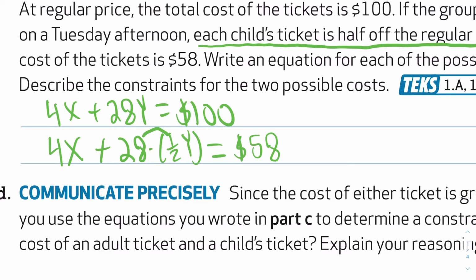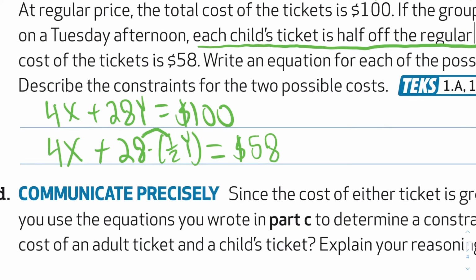If they could only spend $100, can they buy an infinite amount of tickets, or is there a limit? If their limit is $100, then the left side of the equation also has to have a limit. You can't buy more than a certain amount of adult tickets, or the adult tickets can't cost more than a certain amount, and the children's tickets also have a boundary for how much they can cost.